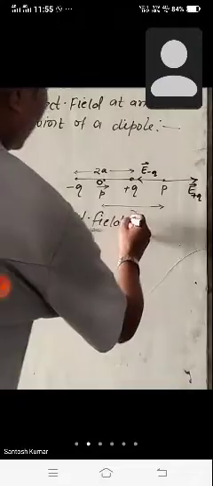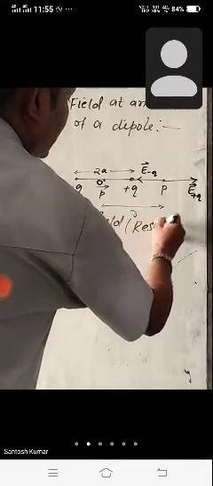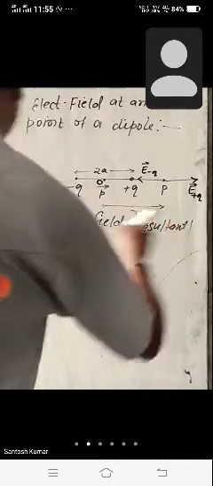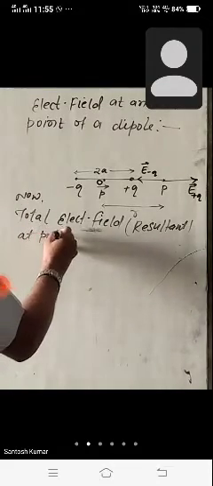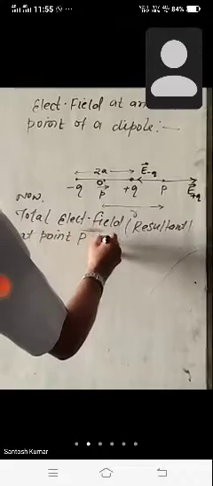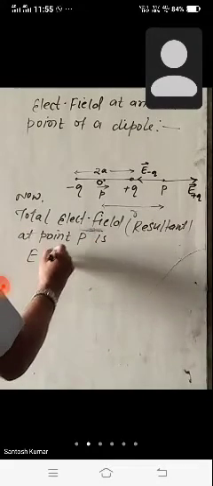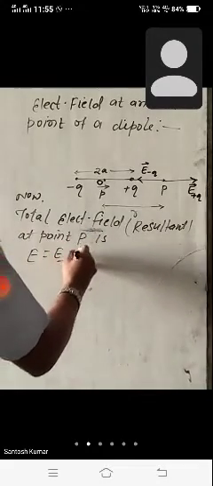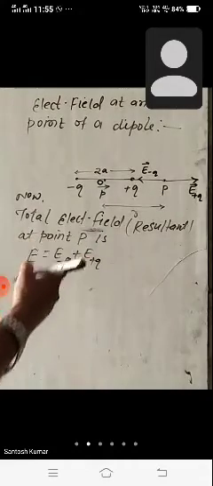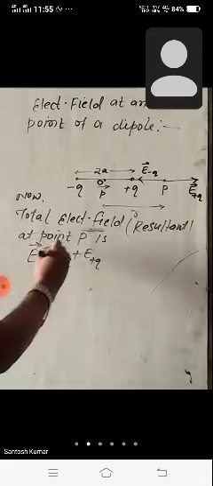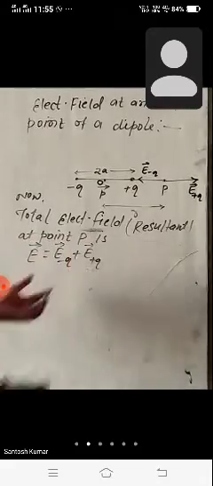So the total electric field at point P is E equals E minus Q plus E plus Q. Just see, the total electric field can be represented as E, which is simply the sum of these two fields.